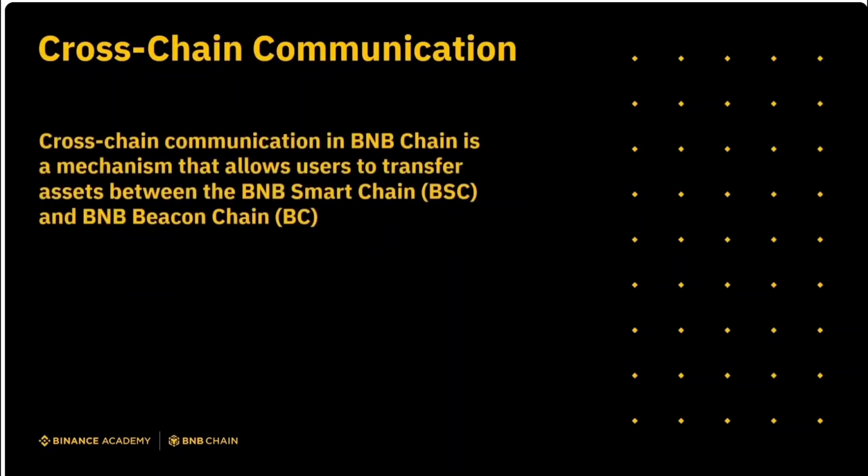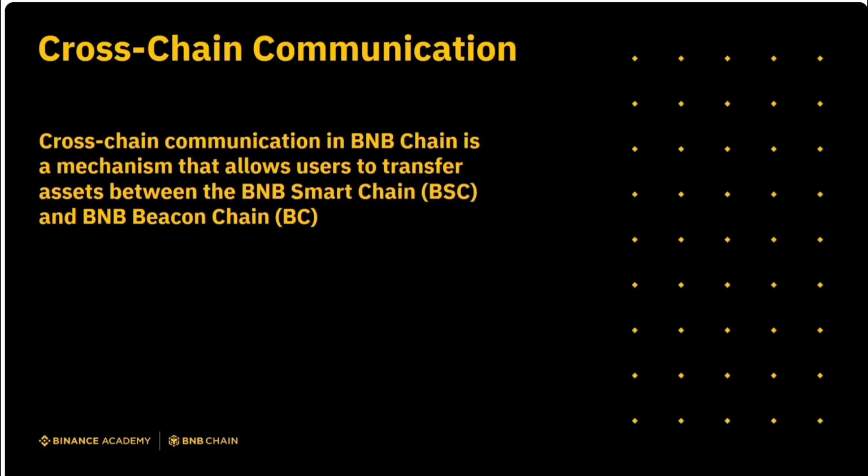The ability for multiple blockchains to communicate with each other is known as cross-chain communication. It enables users to transfer assets between different blockchains, which can be highly beneficial. For instance, if a user wants to use a decentralized application that is only available on BNB Smart Chain, they can use cross-chain communication to transfer their assets from BNB Beacon Chain to BNB Smart Chain.